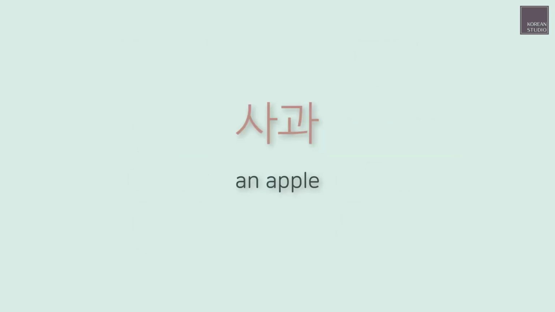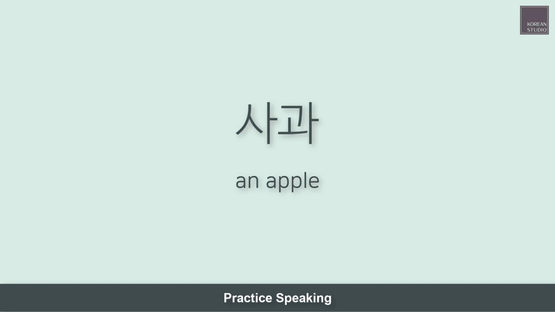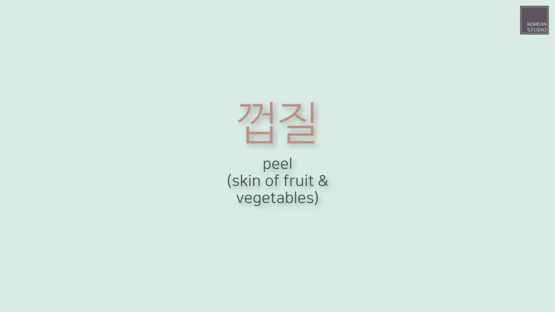And the first word is apple, and this is 사과. Repeat after me. 사과. In English, the skin of fruits and vegetables is called peel, and in Korean, it's called 껍질.